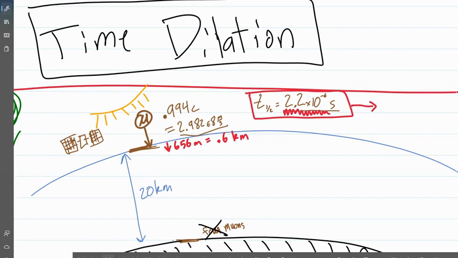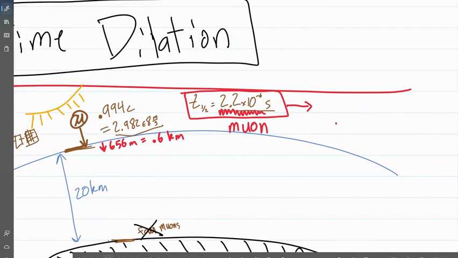For this muon to experience 2.2 microseconds, I'm going to make sure I get the math right here. We experience 20 microseconds.